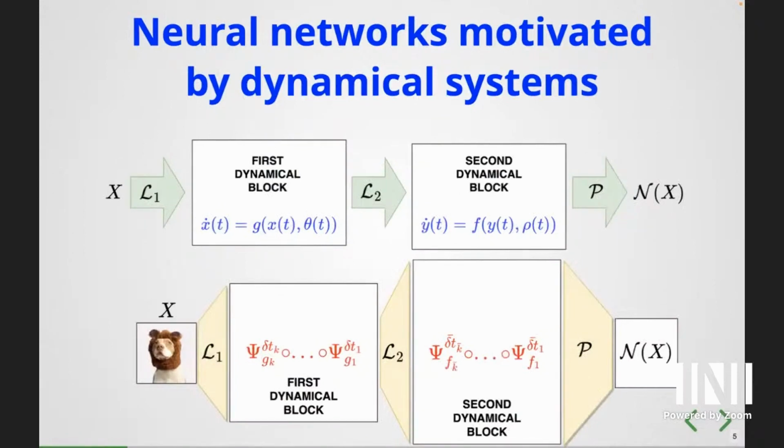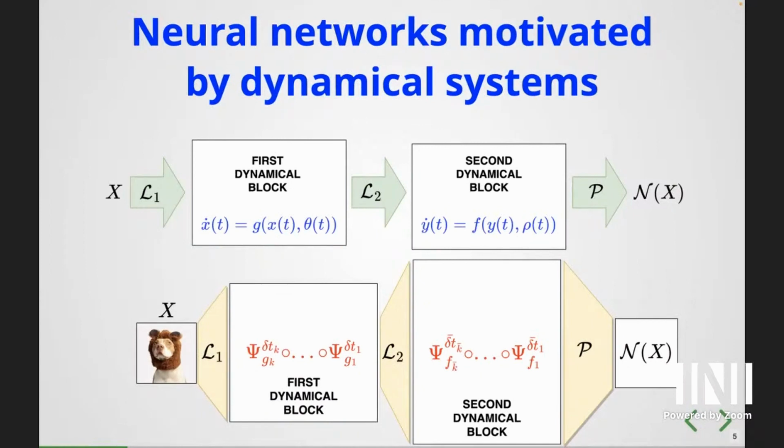This can also be embedded into more general settings that are more typical of modern neural networks, which usually exploit the change of dimensionality of the input to make the function to approximate easier, less steep, or more linear in many cases. So it's important to allow for this variability in the dimension, while dynamical systems, of course, keep the dimensionality fixed.